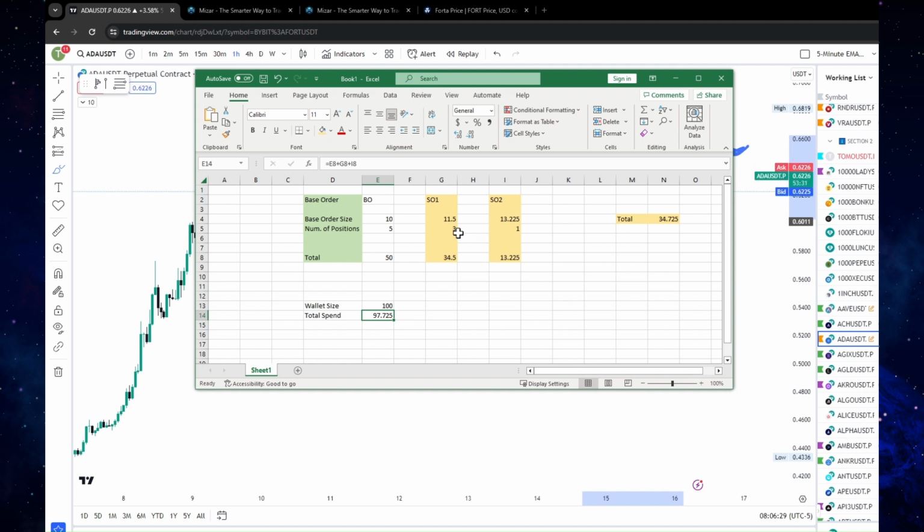And if we had all 5 already at safety order 1, and maybe even 4 out of 5 already at safety order 2, like there's a market downtrend and all the tokens are going down, then you should actually have 160 USDT in your wallet.